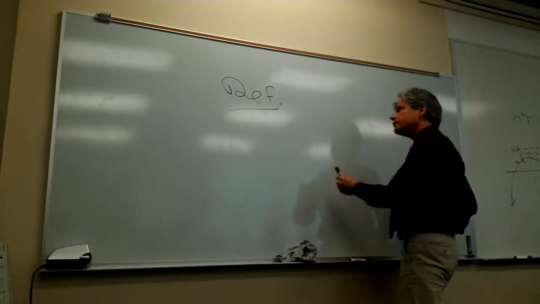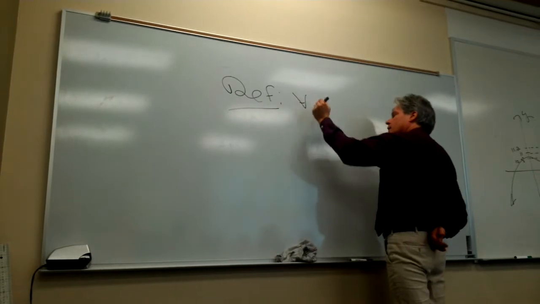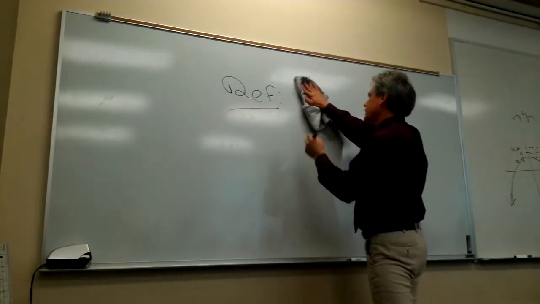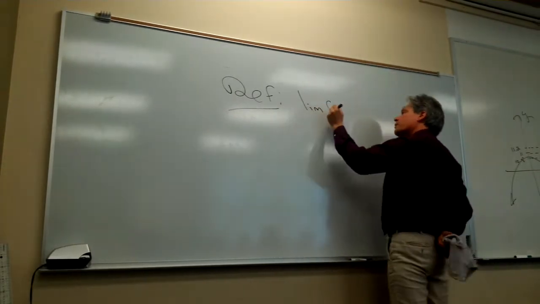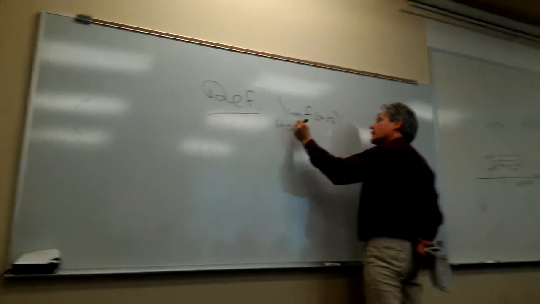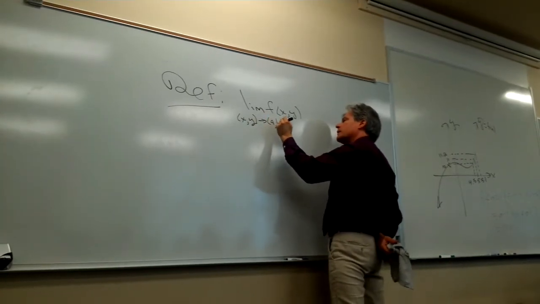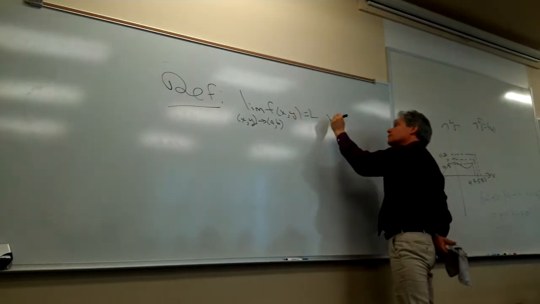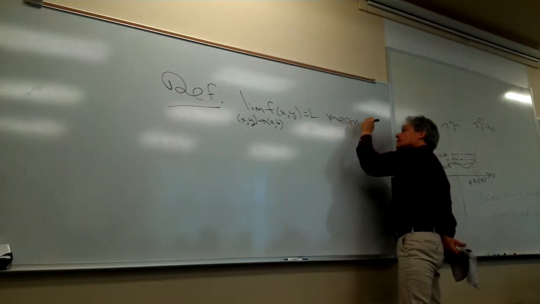So formal definition, for all, excuse me, I misspoke. I meant to say the limit of the output of my function f in two variables as a point (x, y) approaches the point (a, b) is equal to L simply means the following.